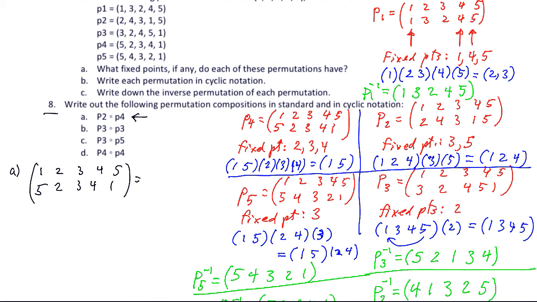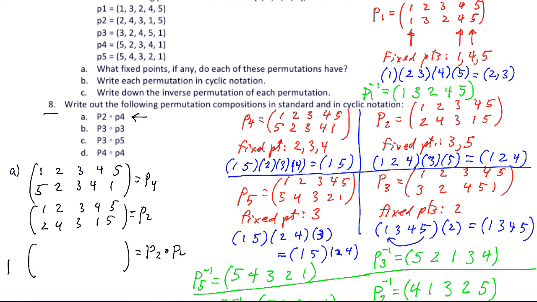This is P4. And here's P2, again written in longhand notation. P2 is 2, 4, 3, 1, 5. And so P2 composed with P4 is taking 1, 2, 5.